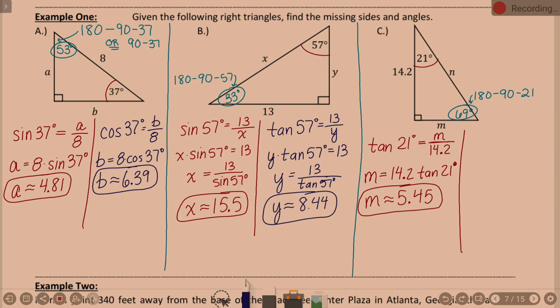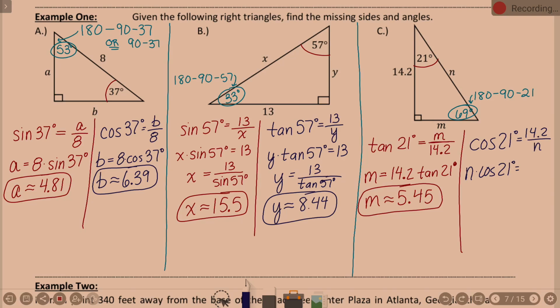Okay. How do you guys want to find N? Okay. So if we talk cosine of 21, cosine is going to be adjacent over hypotenuse. So 14.2 over N. Multiply the N over.